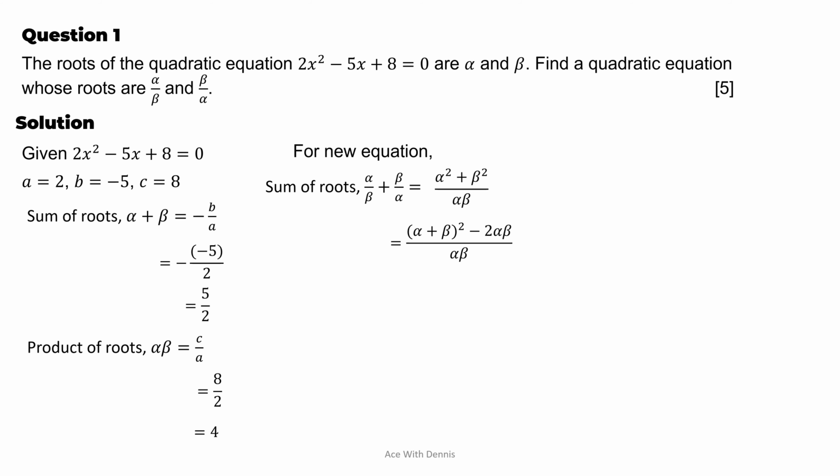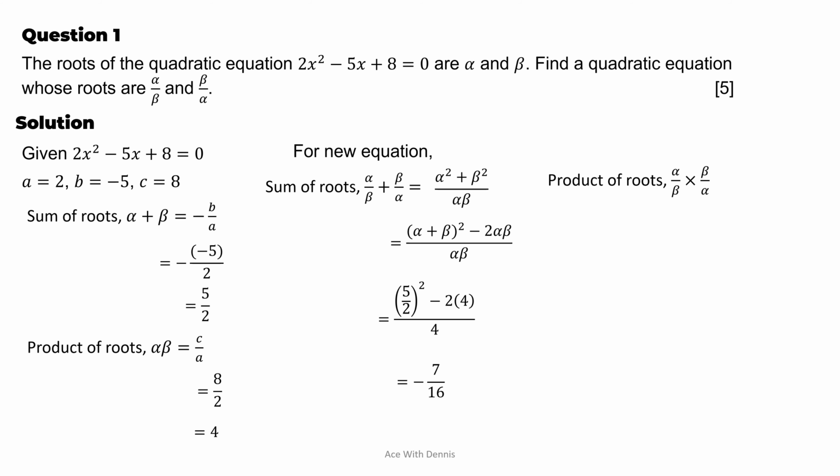From here, we know the value of alpha plus beta is 5 over 2, and the value of alpha times beta is 4. Substitute into this equation, we get 5 over 2 squared minus 2 times 4, over 4. We simplify, and the answer is negative 7 over 16.